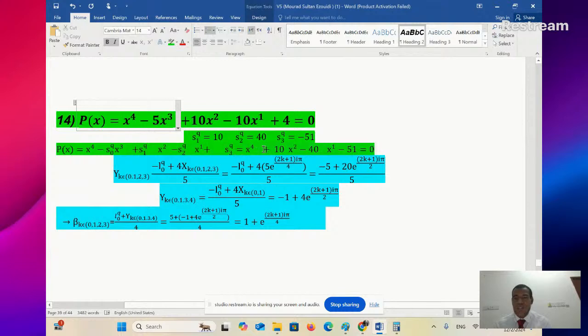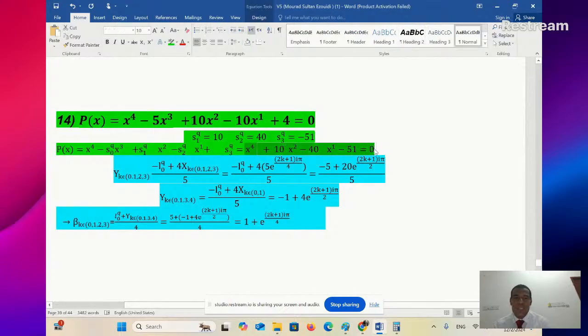Therefore, learners, the roots of this fourth degree polynomial equation are obtained when finding the value of s k minus 1 over r using the discrete formula of Mr. Sultan Ezouidi. We note that y subscript k, from 0 to 3, are called the roots of this polynomial to the power 4.